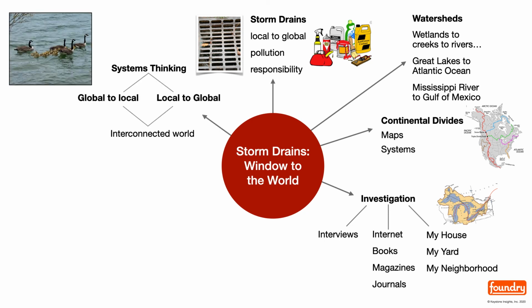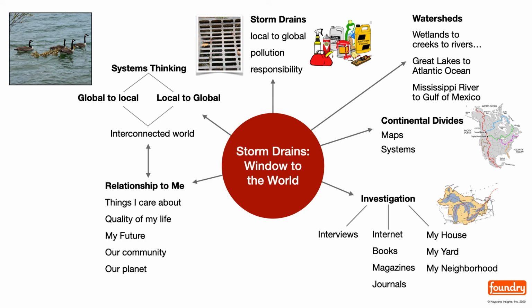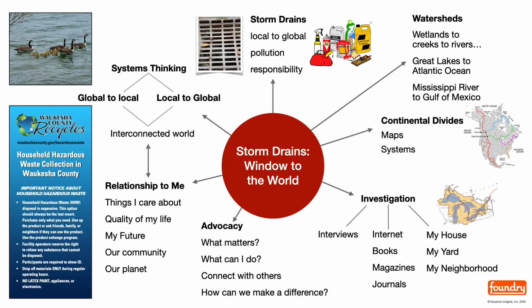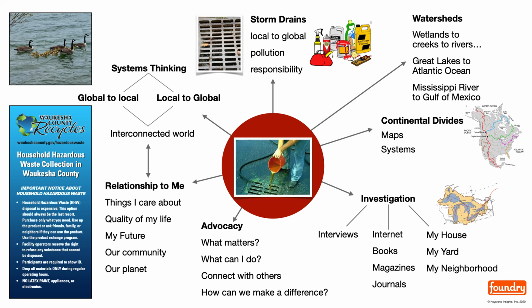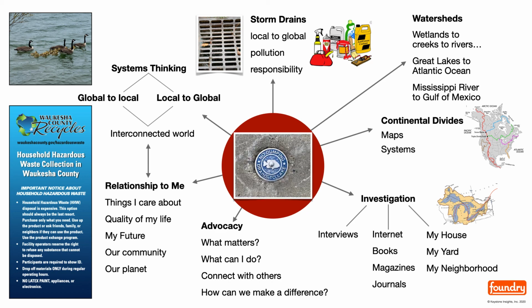And we're going to connect that to the big idea of systems and how local becomes global. And how does it matter to me and my future, my quality of life, our planet? And then what am I going to do about that? So, no dumping, because it actually connects to the world.